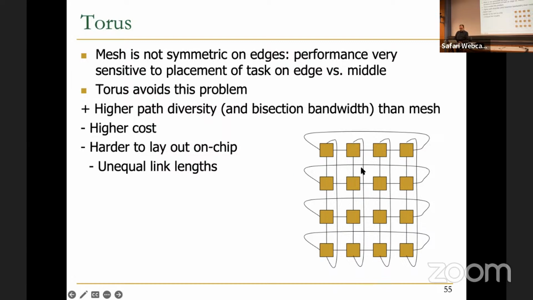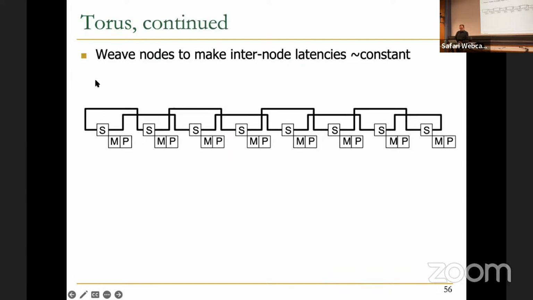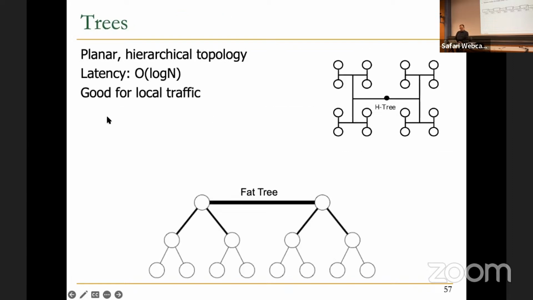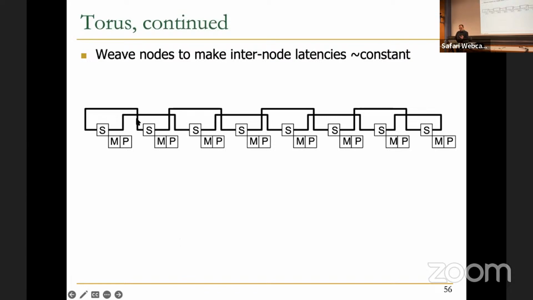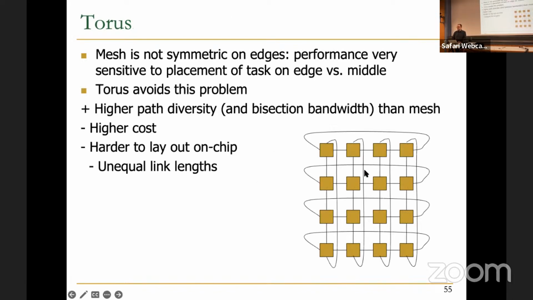And then you have unequal link lengths as well. Because of these wraparound links, they can be longer. People try to avoid that by weaving nodes to make internode latencies constant. They made a lot of placements such that, I guess for a ring, all links now are constant, but at the price of your latency for every link being higher compared to this design, right?